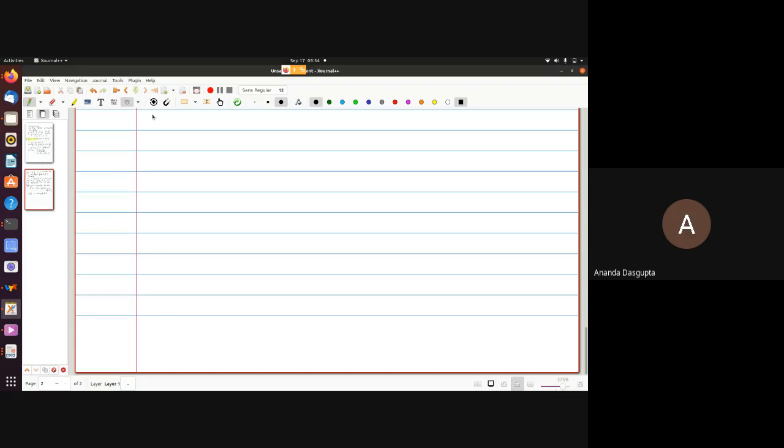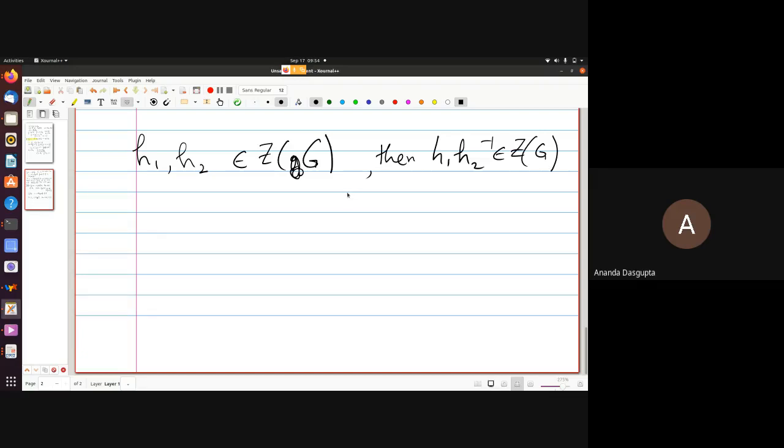The easiest way to prove something is a subgroup is? Closure. No. You take, if h1, h2 belong to Z(G), then prove that h1 h2 inverse belongs to Z(G), right? That's the easiest way to do that. Closure alone will not. Do you remember this theorem? Yes or no? Yes, sir. There's a theorem about general subgroups, the way to prove that something is a subgroup.